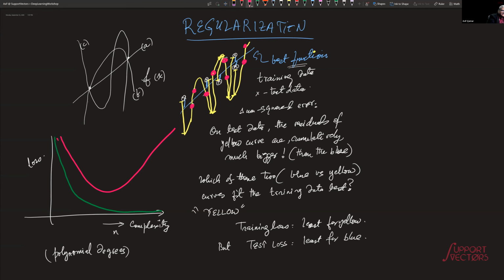Let me give these names: the red one is test loss, and the green one, as a recap, is the training loss. So what it means is that there is an optimal level of complexity at which you should have stopped. This is the place where you should have stopped. And we always search for this point.